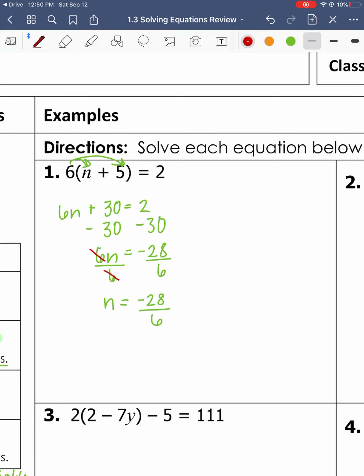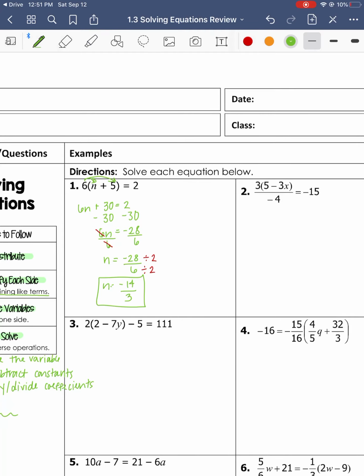Before we give our final answer, we want to simplify this fraction. So if we divide the top and the bottom by 2, we'll actually get n is equal to negative 14 over 3. And there is our final answer for number 1.